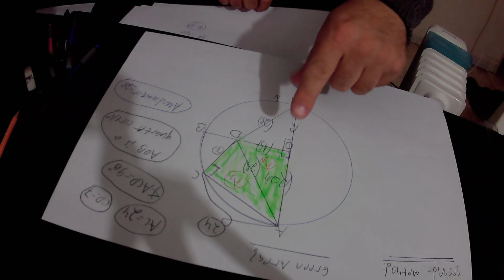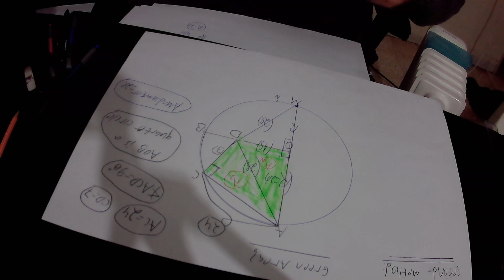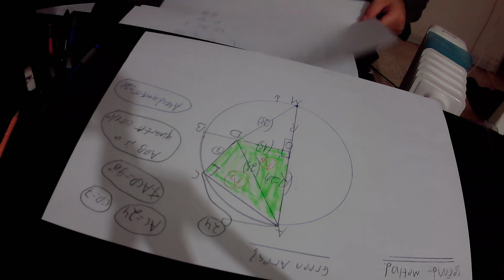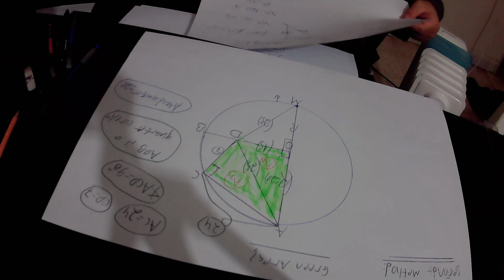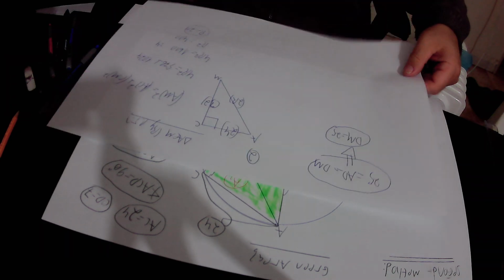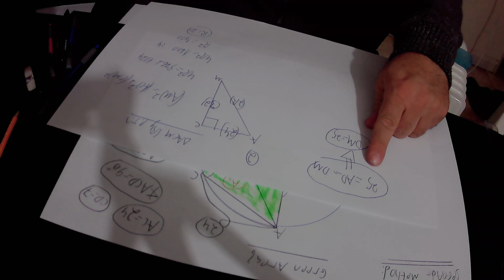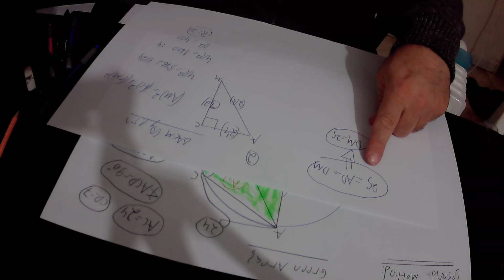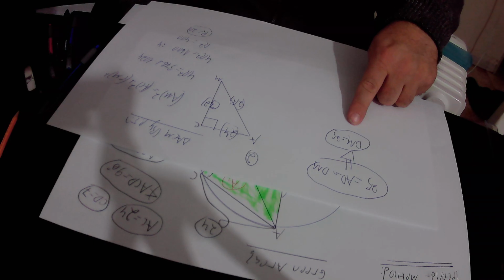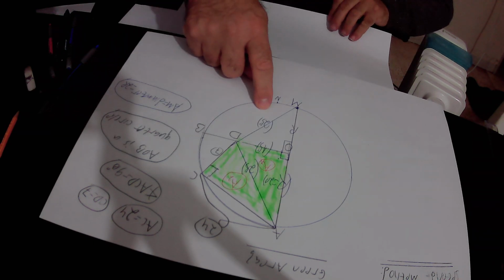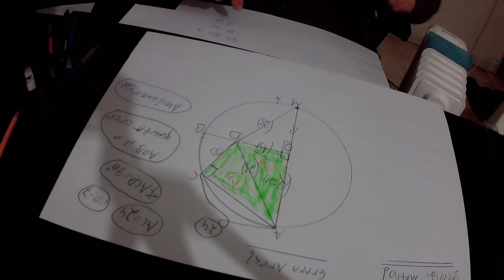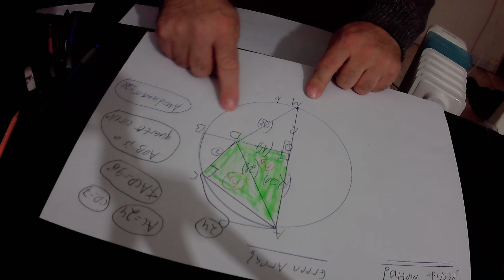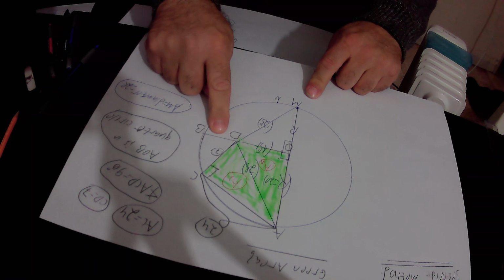AD equals DM, but AD equals 25, so from the equation 25 equals AD equals DM, we derive that DM also equals 25. Here this line DM equals 25. Therefore, because CDM is one straight line, CM in total will be equal to CD plus DM.